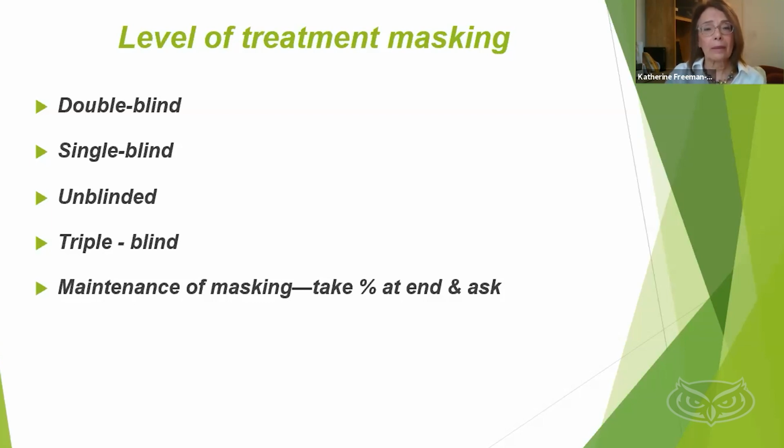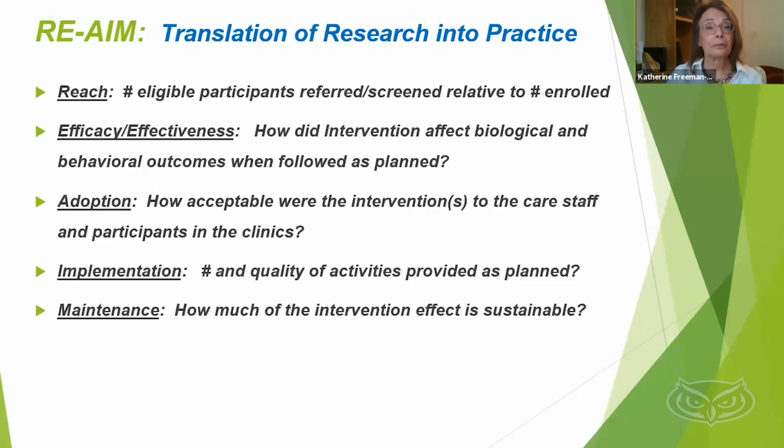The other thing about masking is, how good a job did you do as an investigator? What I would suggest is at the end of the study, for masked or blinded randomized clinical trials, ask the participants whether they thought they got the most optimal treatment, and what treatment they think they received.